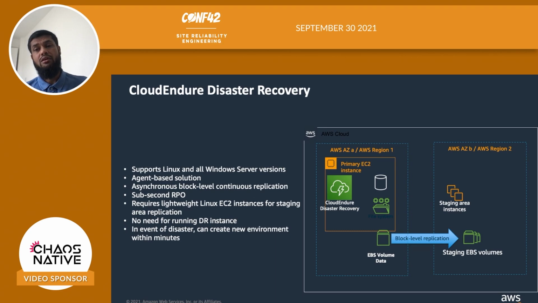At the time of DR, CloudEndure enables you to quickly spin up the instance with all the apps configured along with its data in your desired region. For example, the SQL Server instance will be up and running along with the data, ready to accept connections. CloudEndure for DR is a paid service, but when it comes to migration, it is free. That's something you need to keep in mind.